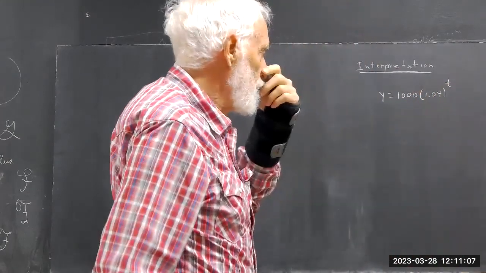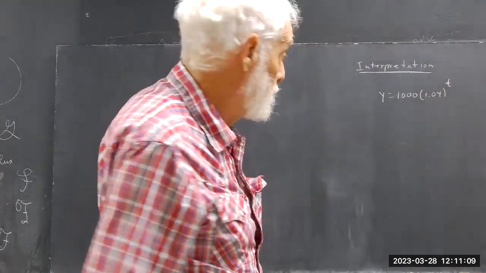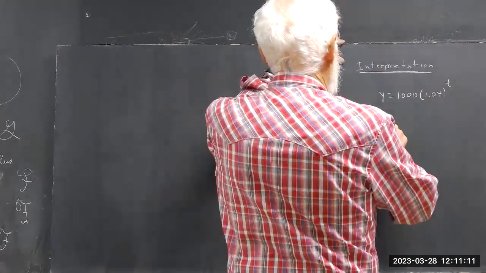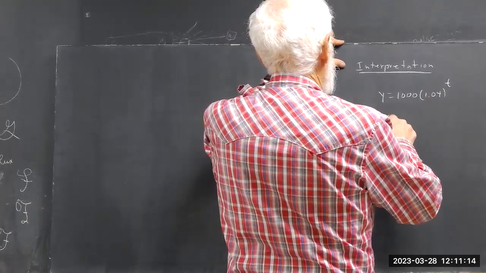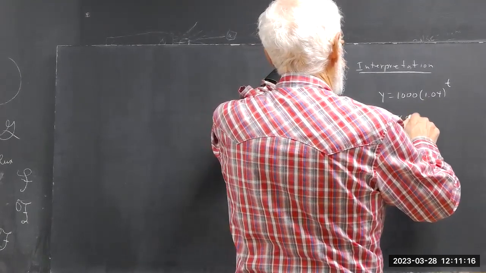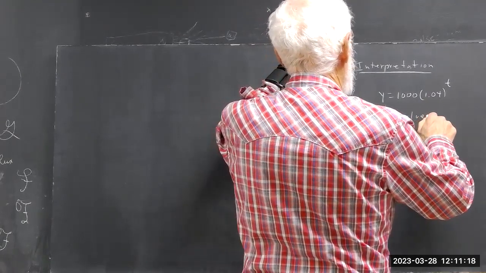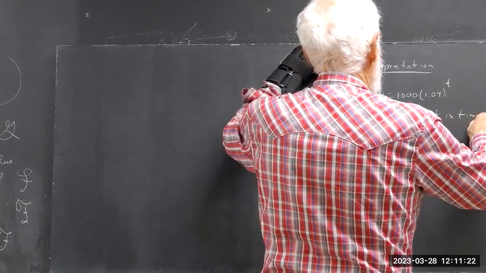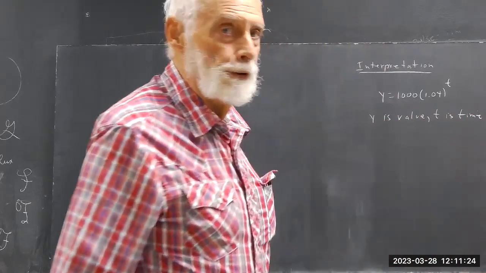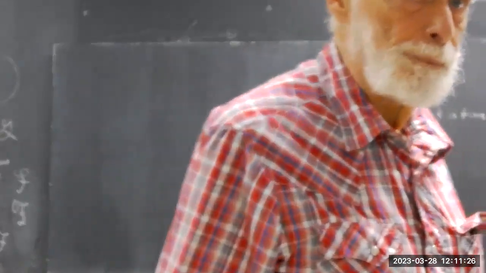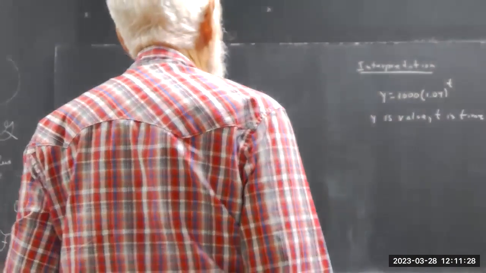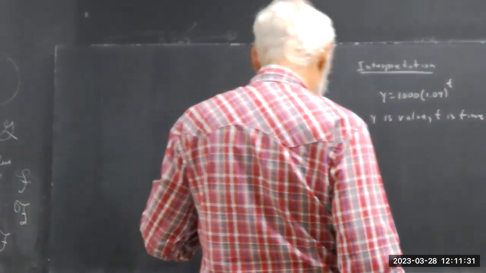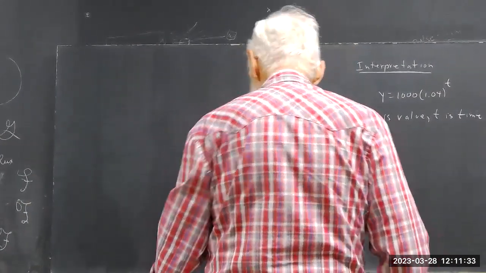Y equals 1,000 times 1.04 to the T. Y is the value for each time.